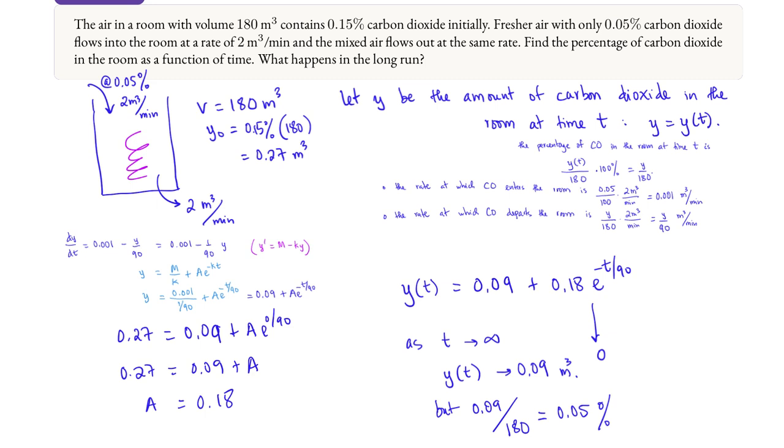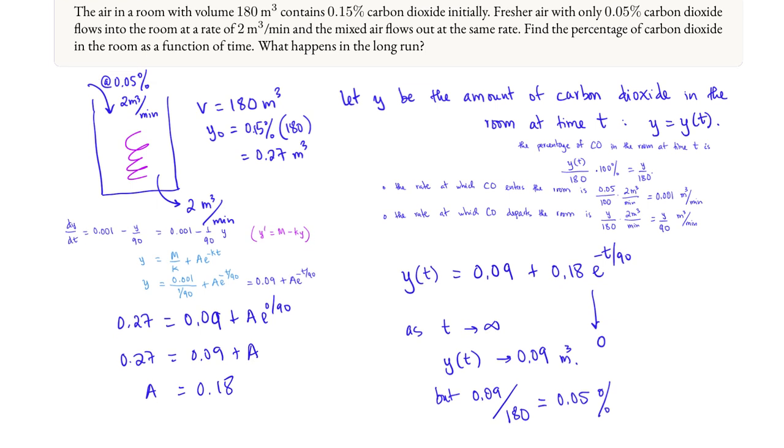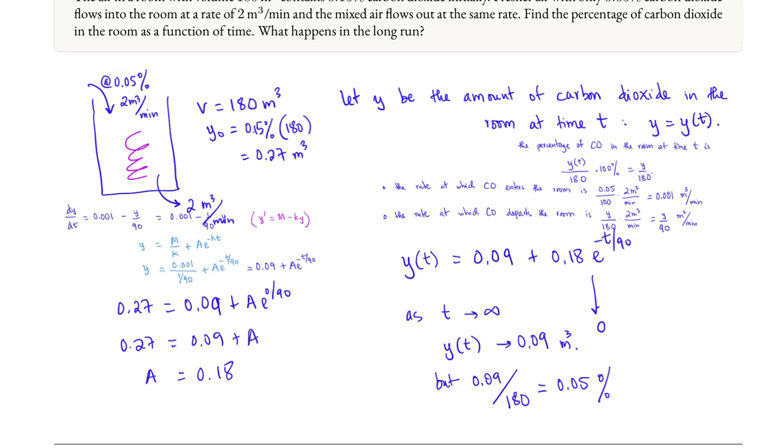What we're looking for is the percentage of carbon dioxide in the room as a function of t. To obtain the percentage, we simply take the amount, which is this function, divided by the volume, and the volume of the air in the room is 180 cubic meters.